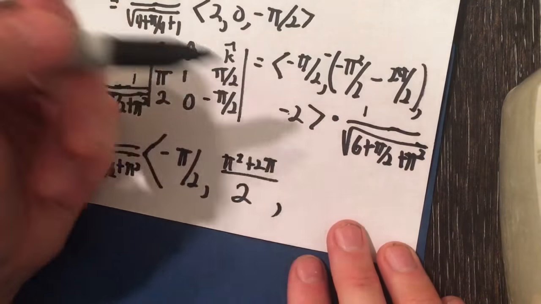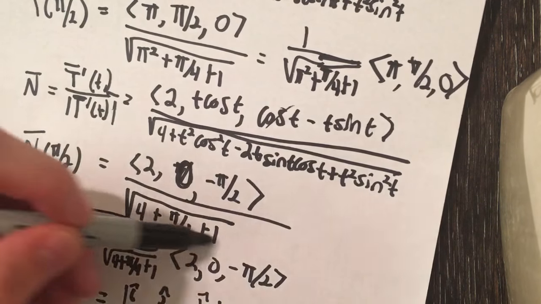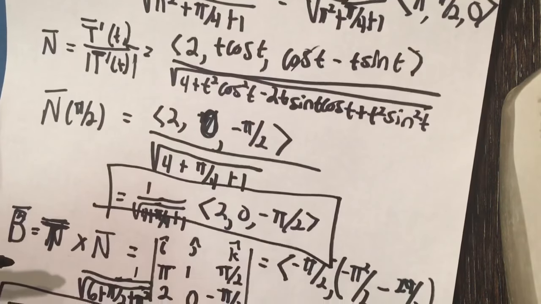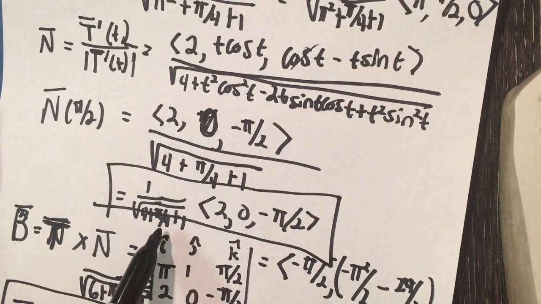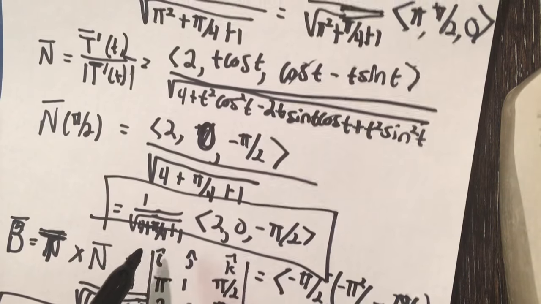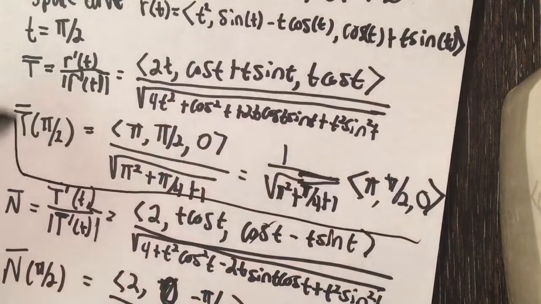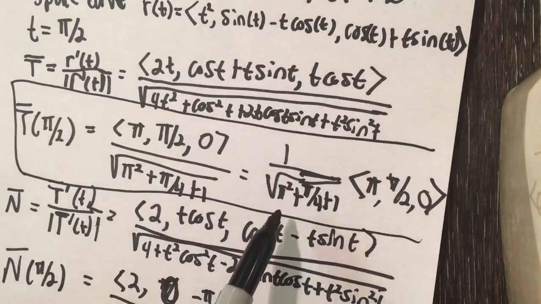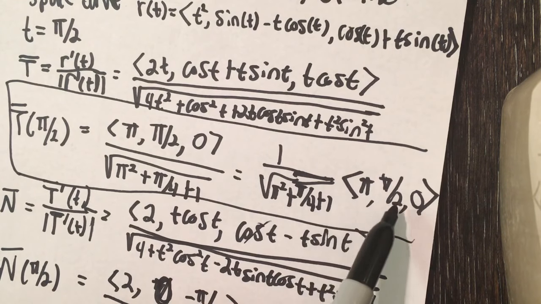And the final component would just be negative 2. And therefore we have our unit binormal, and our unit normal vector as well, which is 1 over the square root of 4 plus pi over 4 plus 1, all right, times this vector. And we also have the unit tangent vector, which is equal to 1 over the square root of pi squared plus pi over 4 plus 1, times the vector pi, comma, pi over 2, comma, 0.